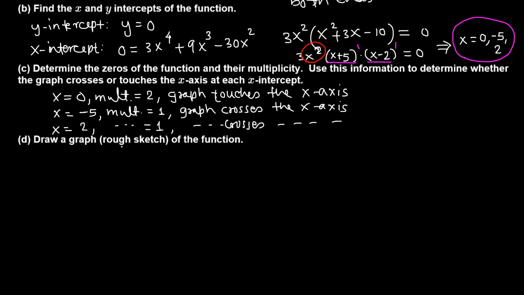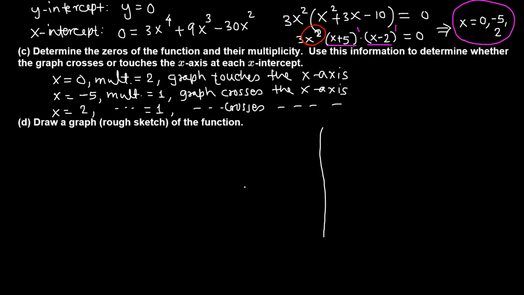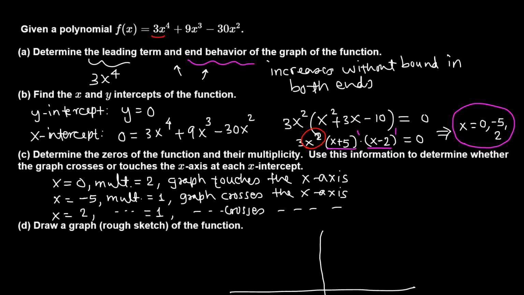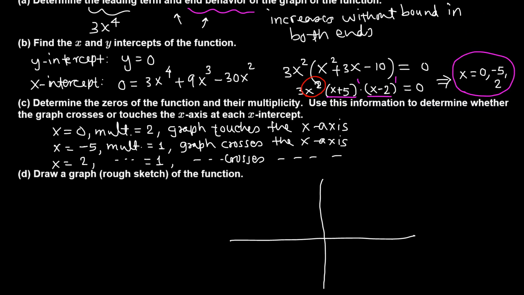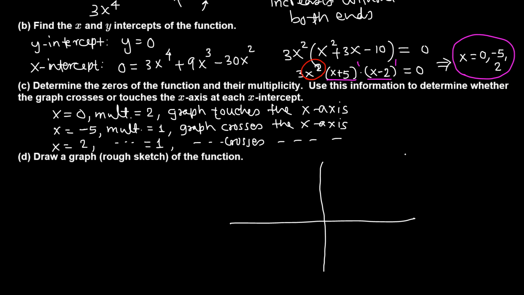In fact, it will be a rough sketch of the function. So here are the coordinate axes, and we saw in part A that the graph increases on both sides eventually. I don't know what happens in the middle.